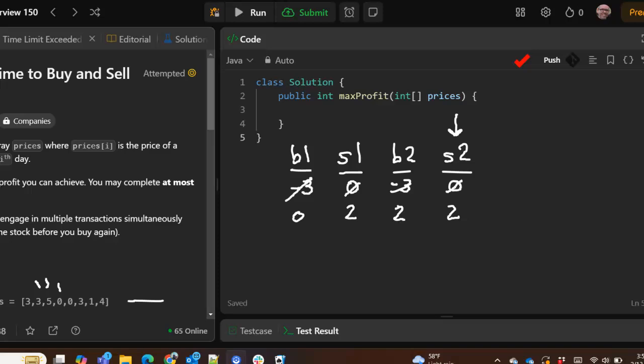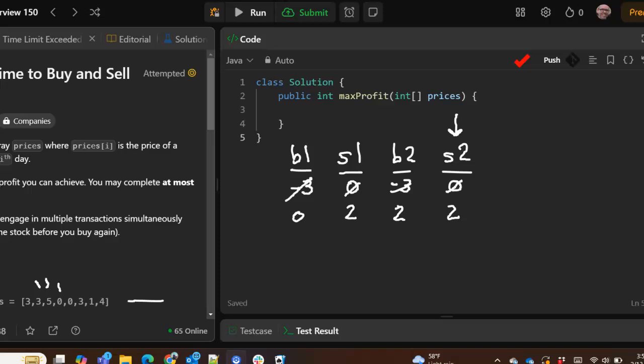What does that represent? Well, it would represent buying at 3, selling at 5, and buying again at 0. So we have a profit of 2. Sell 2 would be the max of whatever it is now, or the buy profit plus the current price, B2 plus 0. So it's the same, it's 2.